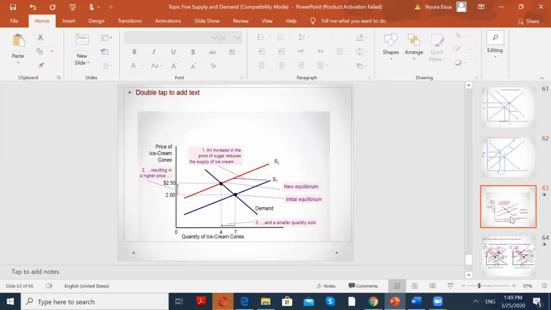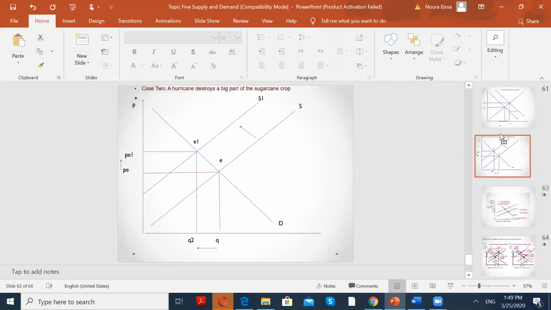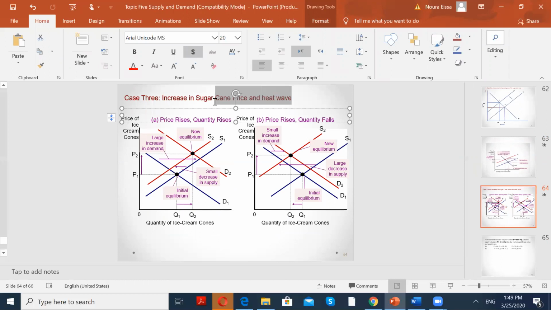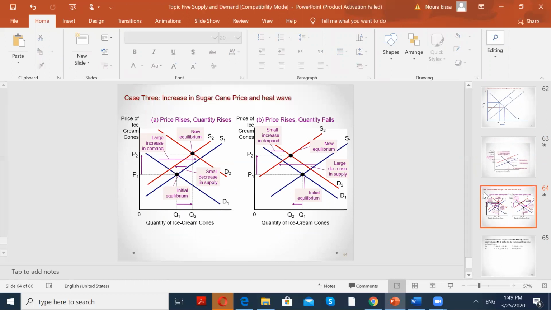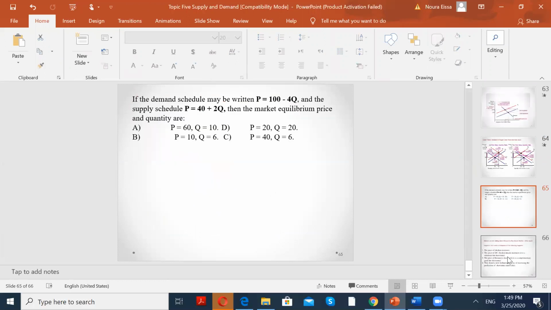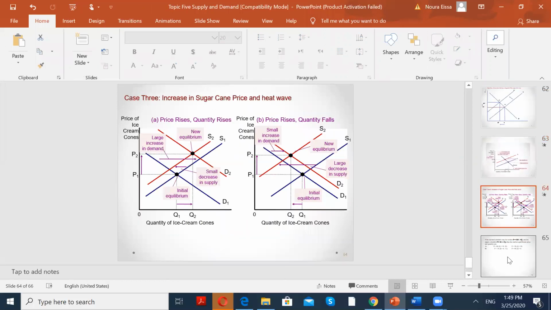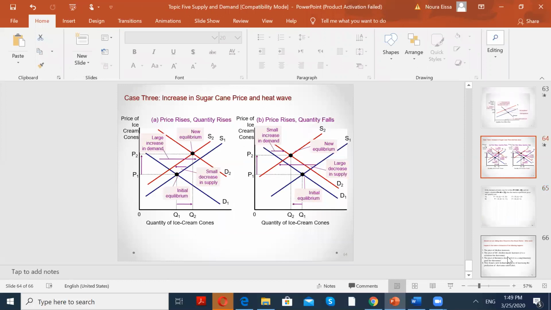And it's right here again for you. Okay, this is case 3. Suppose you have both an increase in sugar cane and a heat wave, both. So here I have two things, an increase in the sugar cane and a heat wave.